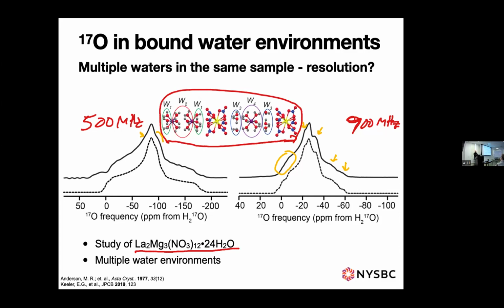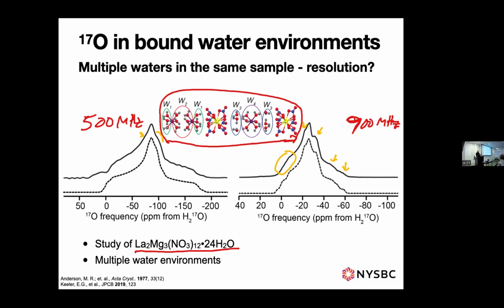In the case of GNNQQNY, I think it's 7 waters that they have put in the structure, in the pocket, is what they think. There are 7 bound waters there. So the idea was, one, is there even a chemical shift distribution? Even if we had multiple ones, can we resolve them from a chemical shift standpoint? We showed that they're bound to different amino acids, so probably there's a chemical shift dispersion there. It's not 0. They don't all just show up where ice shows up.